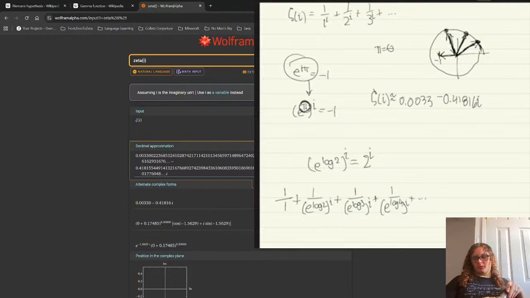But in order for the zeta function to equal 0, we need both the imaginary component and the real component to be equal to 0.